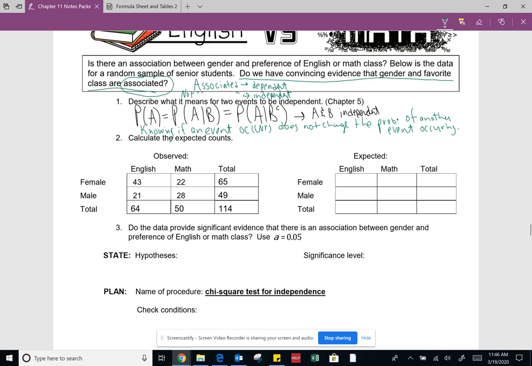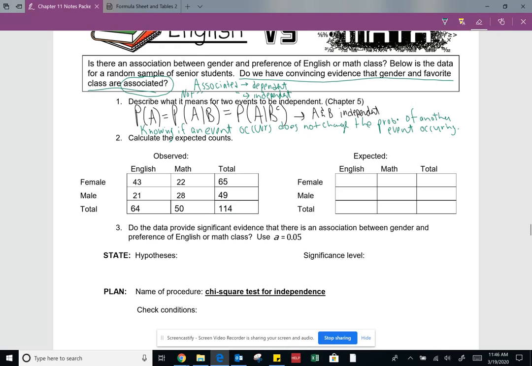Okay, now let's take a look at this fake data that we have right here. We surveyed 114 total people, and we broke it down into gender and their favorite subject.